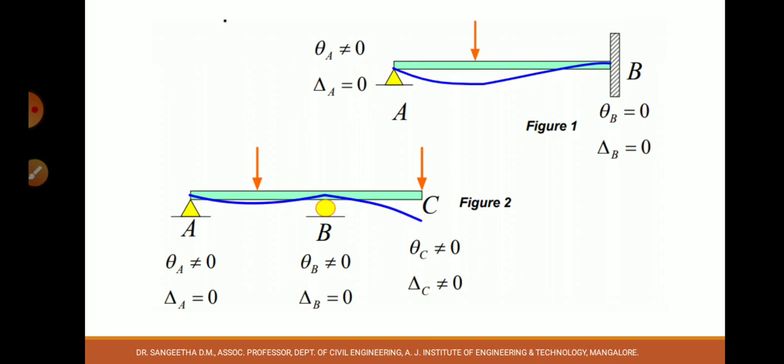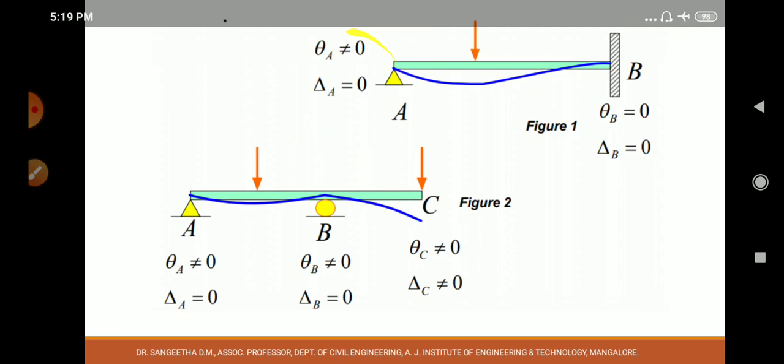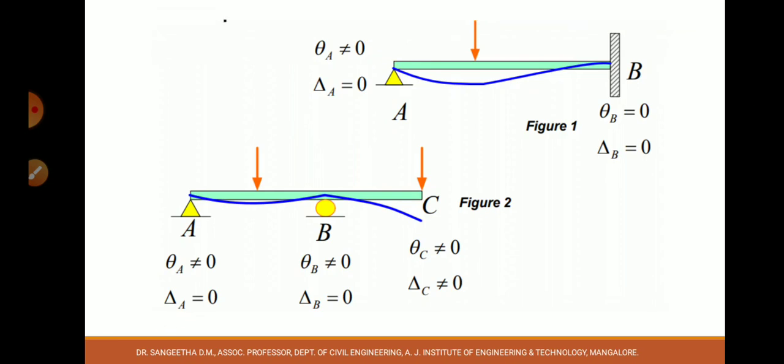Similarly, with that concept, if we proceed for figure 2, at support A there is a hinge. A hinge can only rotate, it cannot deflect. Is deflection possible? No. So delta A is 0.